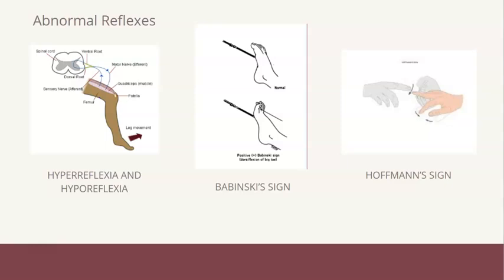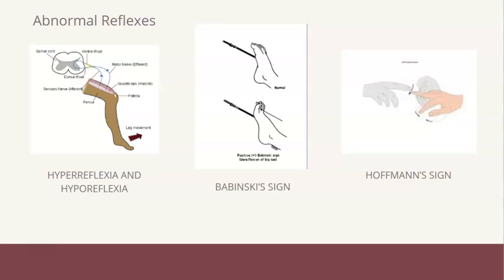A normal response is when you draw the 7, the toes actually kind of flex or bend down towards the pen or the reflex hammer. This toe flare or a positive Babinski sign is normal in babies until about 7 months, but it's indicative of an upper motor neuron lesion if it's seen outside of that 7-month window.